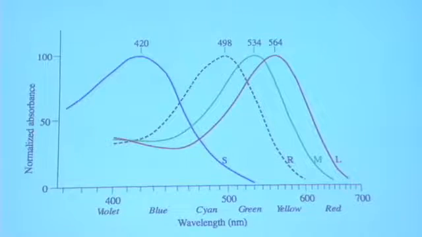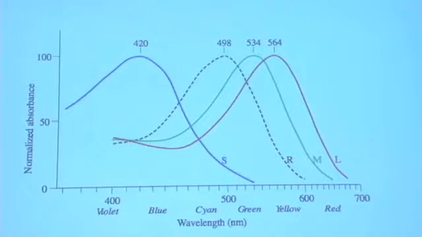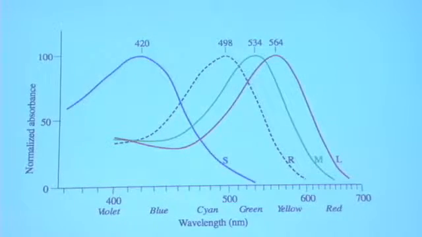And I believe that the average person, when they say average, they just mean the average of all people rather than taking somebody randomly, will have 98% M and L type and 2% of the S type. So this is a very big change in the number of cone cells that we have.